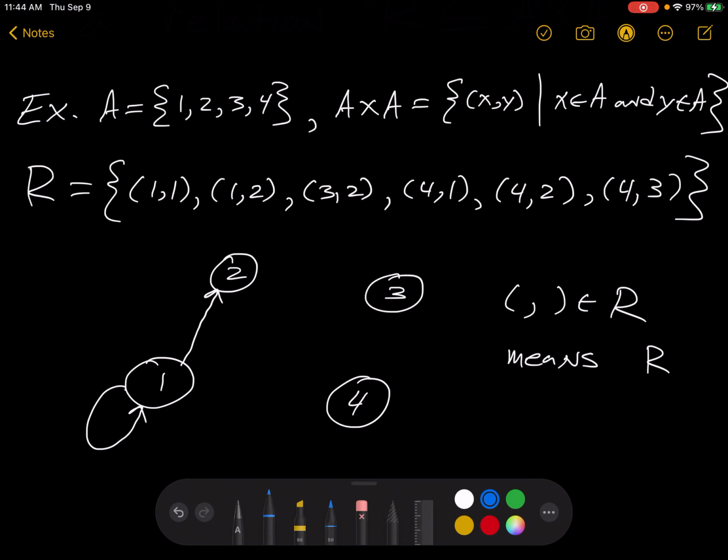Now let's move on to our next ordered pair, (3, 2). (3, 2) in R means that 3 is related to 2. So we draw a directed edge or an arrow starting at 3 and ending at 2.